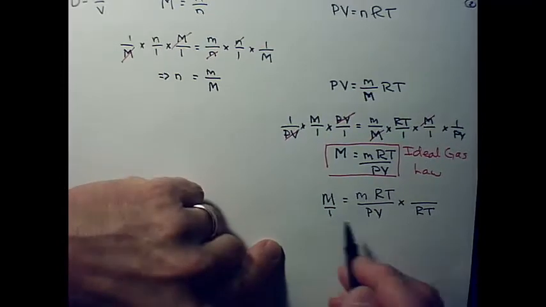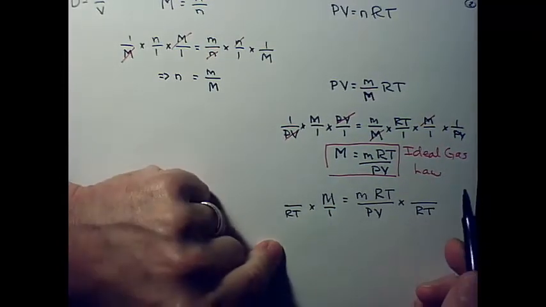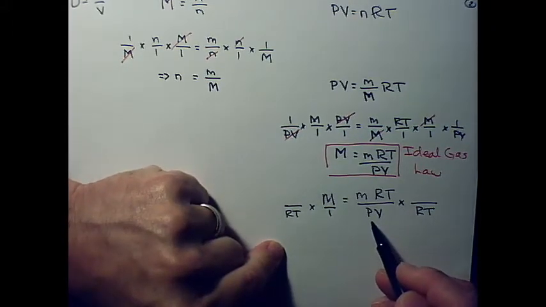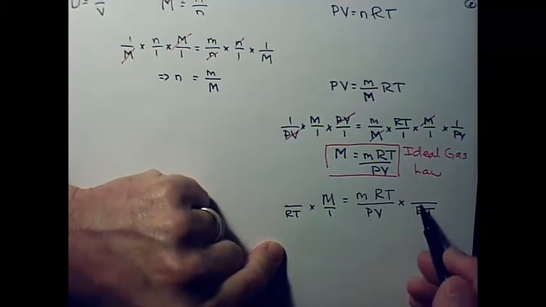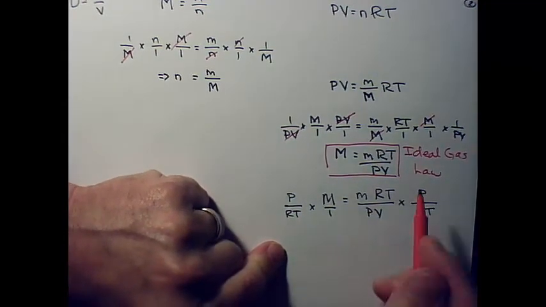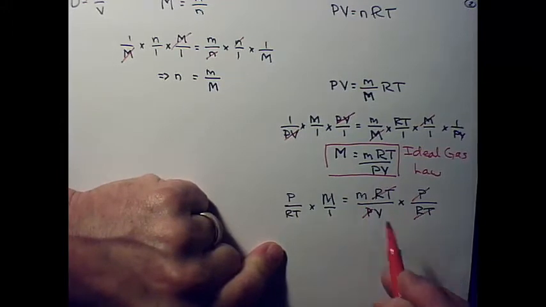So if I do it to this side, I've got to do it to this side. Divide by RT. I kind of left it blank on top because I already know that to get m over V by itself, I also need to multiply by the pressure. So I'm going to put pressure up here. Okay? That allows us to cancel RT and P on this side and leaves us with m over V.